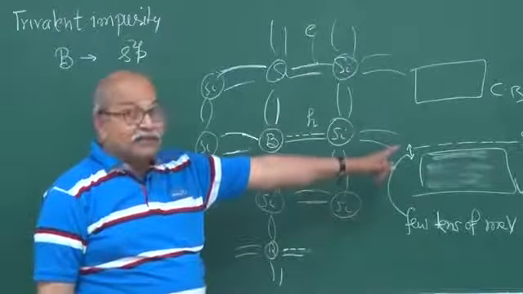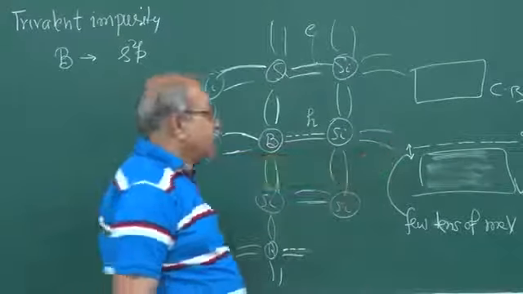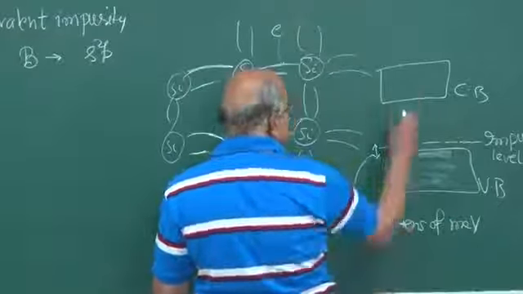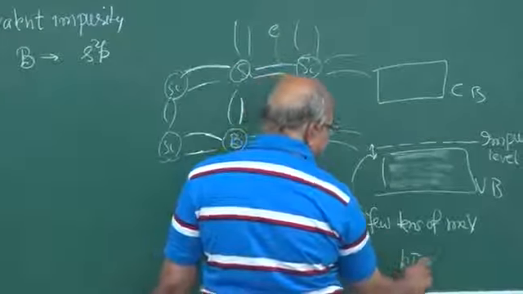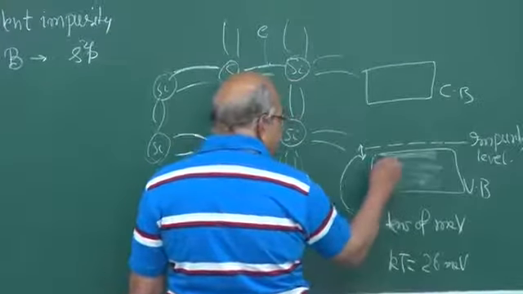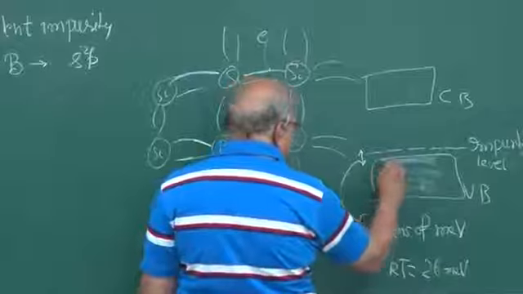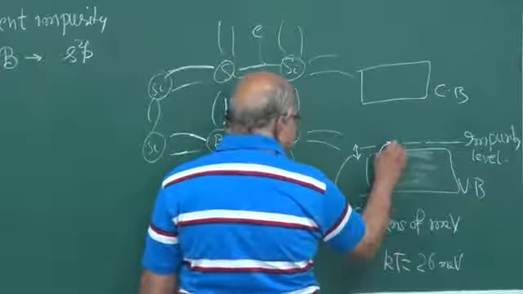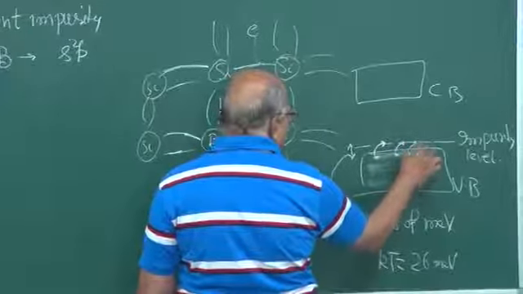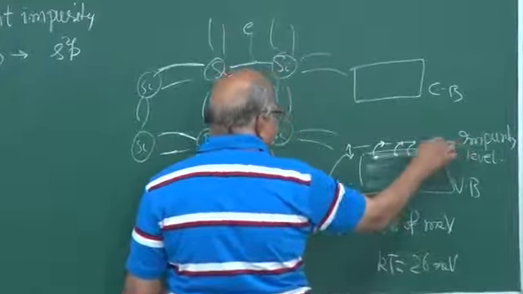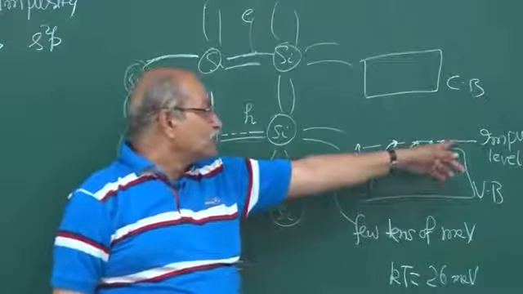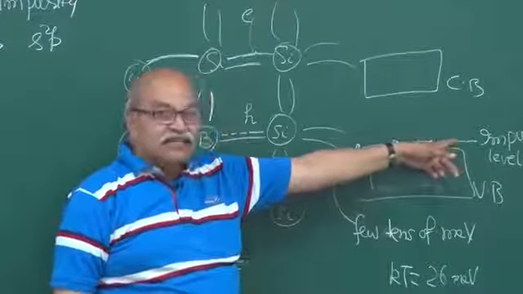Empty states are there, remember. And since this is only a few tens of meV and kT is 26 meV, very easily through thermal interactions, these valence electrons will fill these empty states. There are many quantum states, although the energy is the same, and it's not broadened also. It's quite a sharp energy level here.